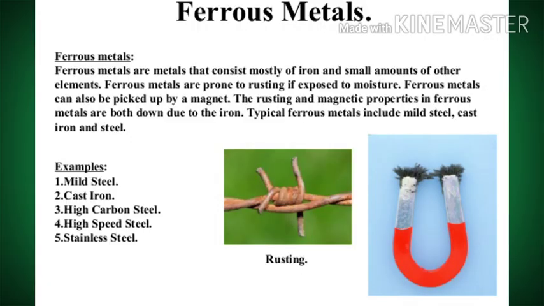Minerals which contain iron are known as ferrous minerals. These are iron, cobalt, nickel, manganese. And how will you identify them? They are greyish in color and basically used in iron and steel industries.